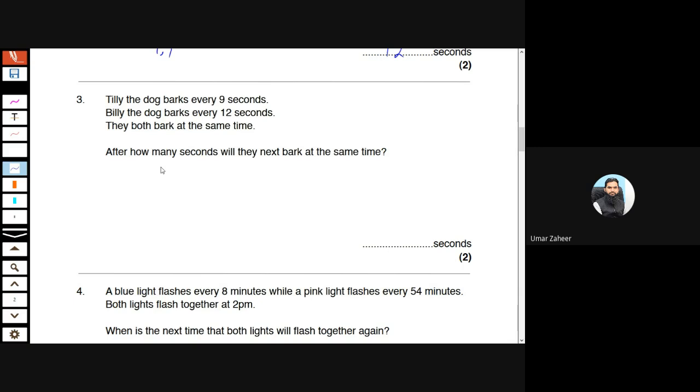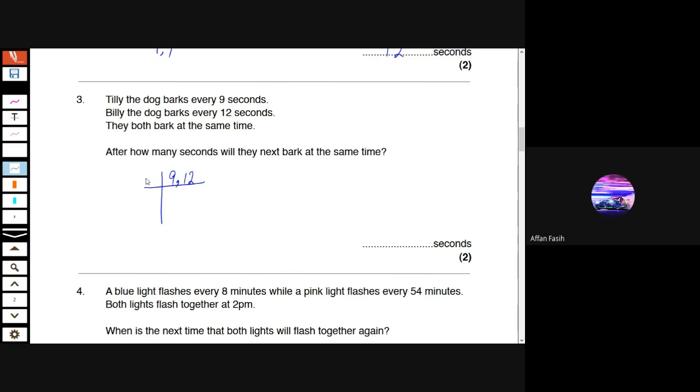Yes, Mariam, what do we have to do here? Find the LCM. We have to take the LCM of 9 and 12.